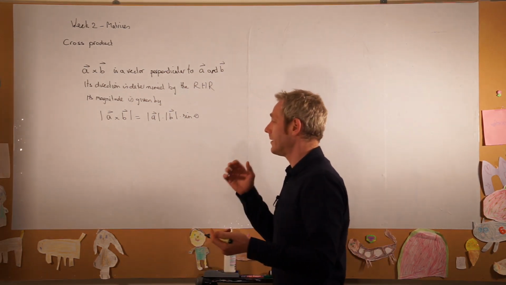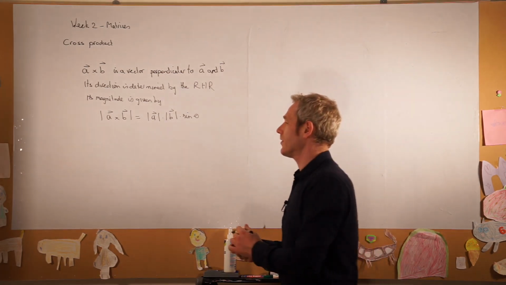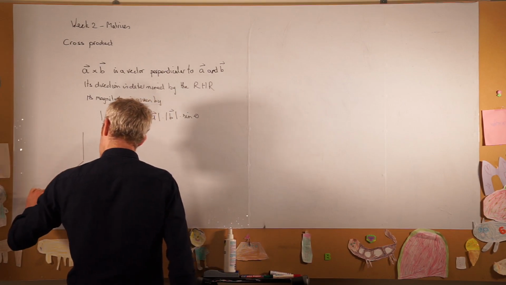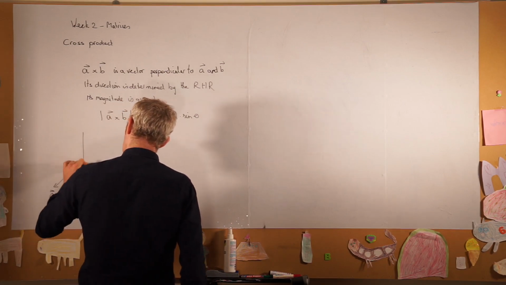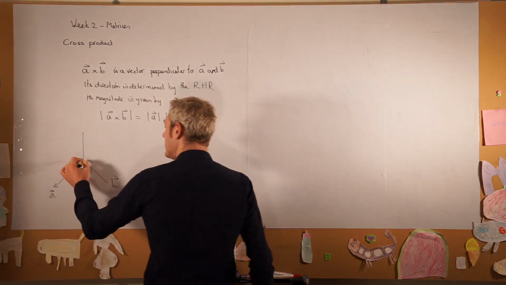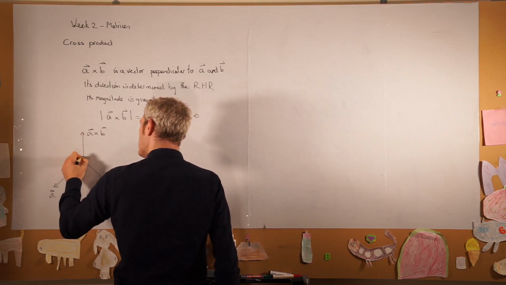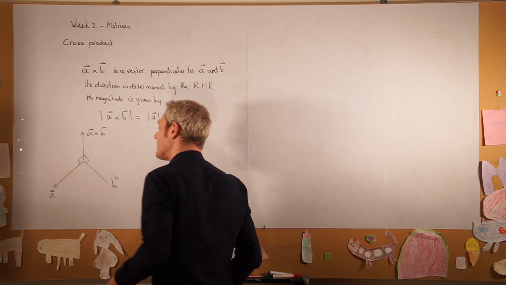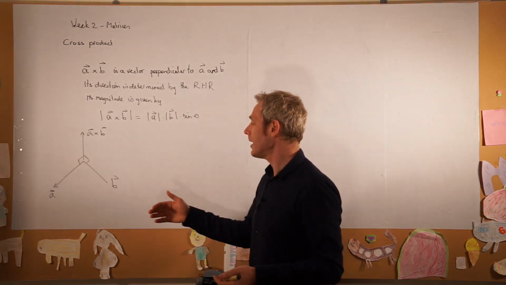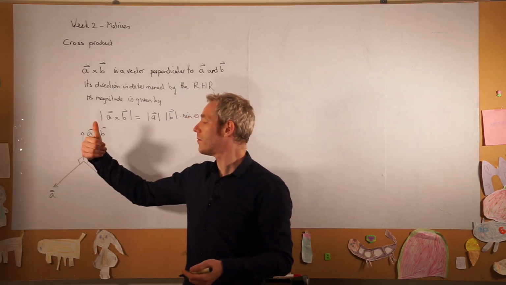Now, we know its length and we kind of know its direction. So let's say we have a vector A here, we have a vector B here. The cross product will be a vector that is perpendicular to A, but also perpendicular to B. And I know it points upward in this drawing, that if I take my fingers, curl them from A to B, my thumb points upwards.